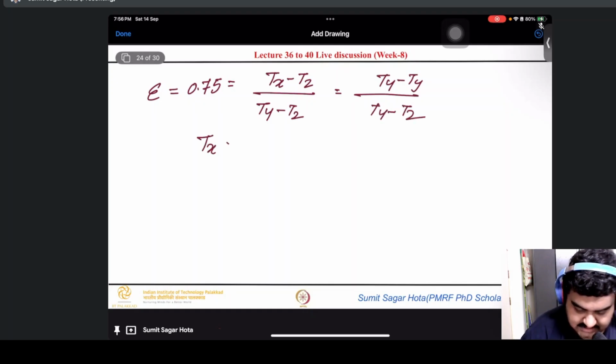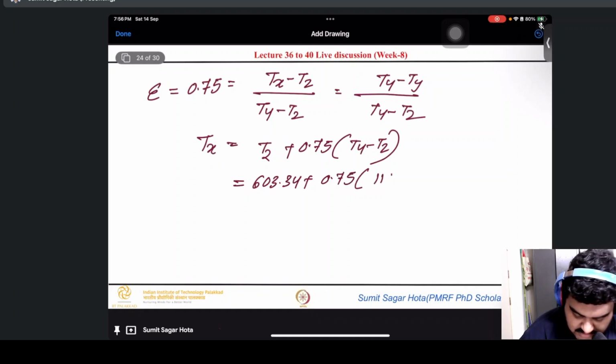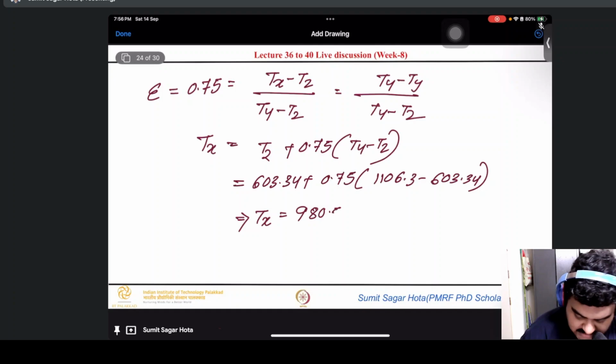So Tx is equal to T2 plus 0.75 into T4 minus T2, which is 603.34 plus 0.75 into 1106.3 minus 603.34. So Tx comes out to be 980.53 Kelvin.